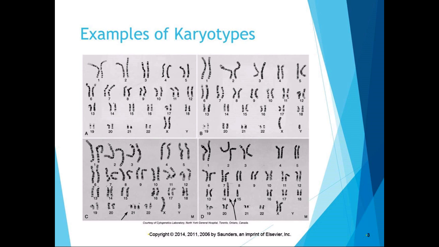You can see there are 3 of the 21 chromosomes and an X and a Y. You can identify it as a male. On the bottom right, it's someone who has a translocation between 14 and 15, and that causes problems as well, and we'll talk about why a little bit later. So a karyotype can be used to diagnose certain disorders, but not all genetic disorders show up in a karyotype.